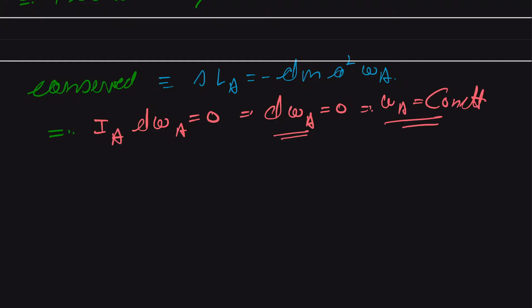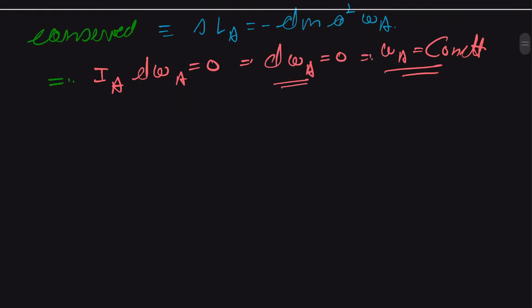So from here we can say this ω_A is our constant. If ω_A is constant, therefore we can draw a conclusion that the drum's angular velocity does not change.